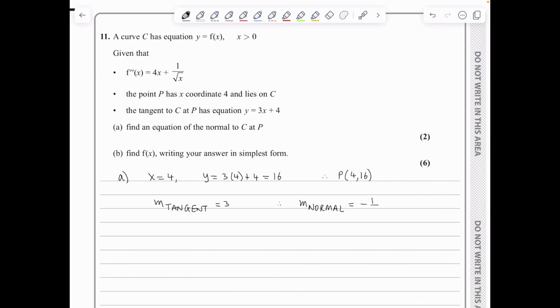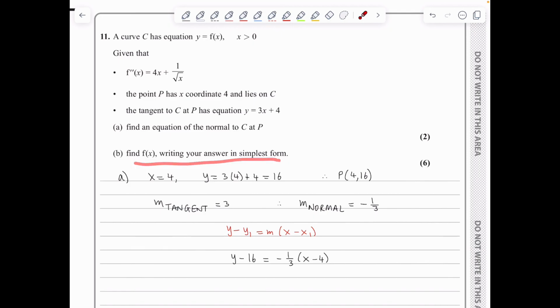Remember, we flip and we change the sign. So using y minus y1 is m times x minus x1, I can write down an equation for the normal. So y minus 16 is minus a third brackets x minus 4. I do not need to put this in a particular form, so I can leave it like this and claim full marks.